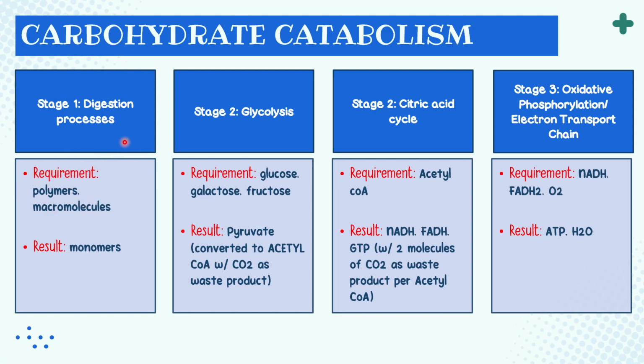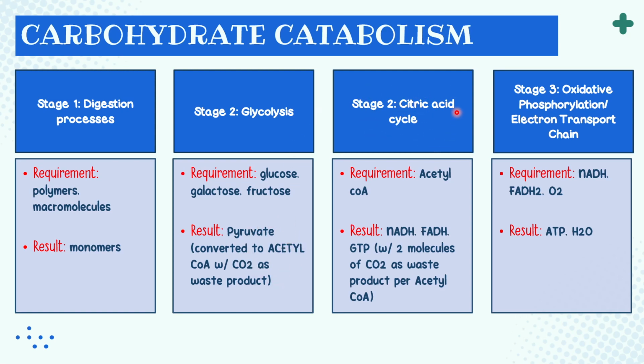Further breakdown of your macromolecules and polysaccharides, and the result would be your monomers. And then in your glycolysis, our requirement are your monosaccharides, specifically your glucose, wherein the result will be your pyruvate, which will eventually be converted to acetyl coenzyme A.